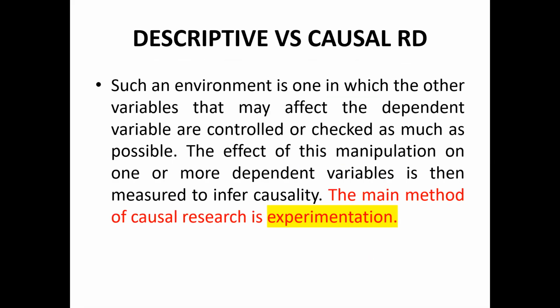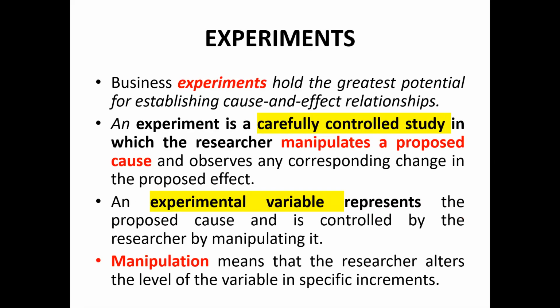In causal research design, experimentation is the key word because you manipulate the independent variable. So there is manipulation, and this entire process is called experimentation. An experiment is a carefully controlled study where you manipulate your independent variable and you see the changes in the dependent variable.